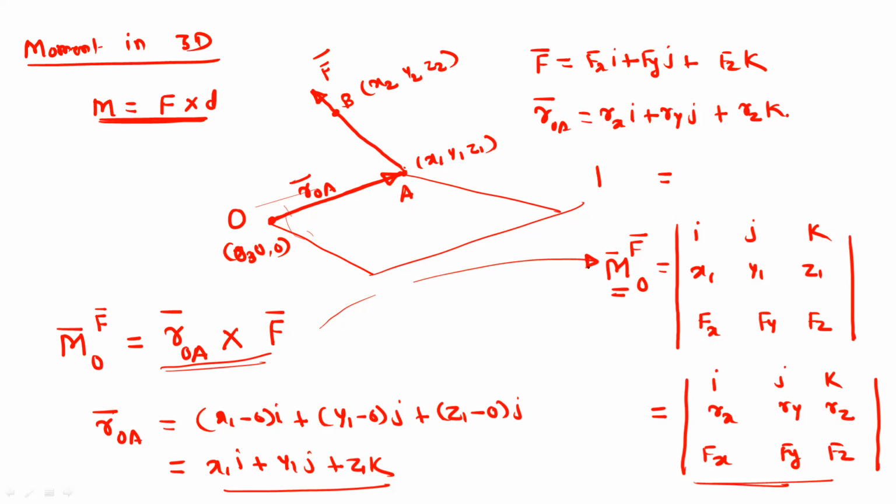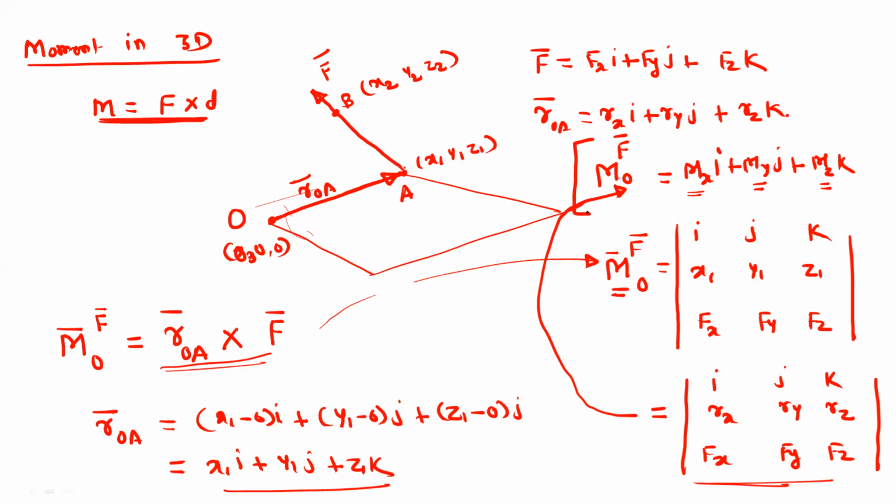When you solve this determinant, you will get the answer like this: mxi plus myj plus mzk, where mx, my, and mz are the components of the moment in the x, y, and z direction. So this is the vector representation for the moment in 3 dimensions.